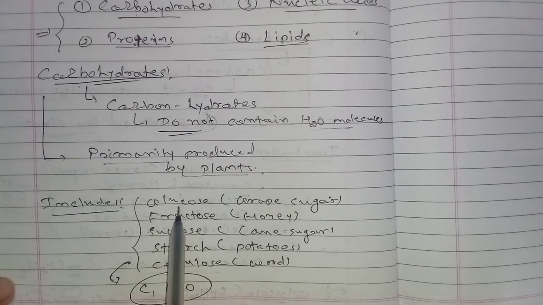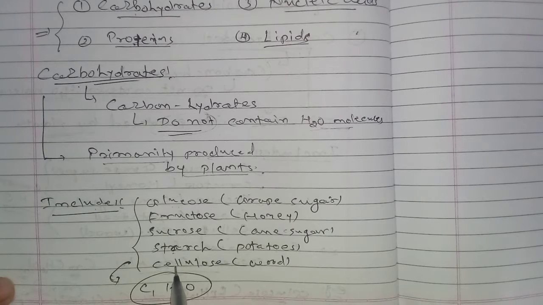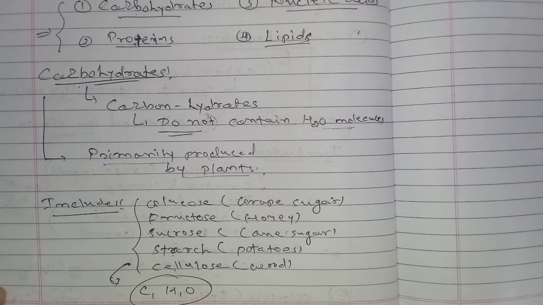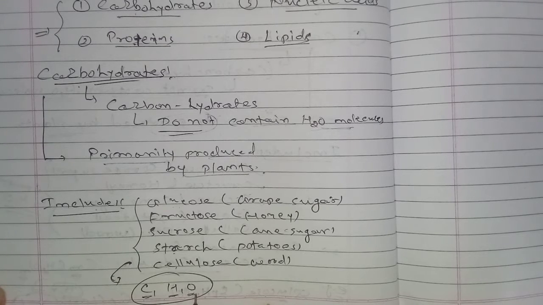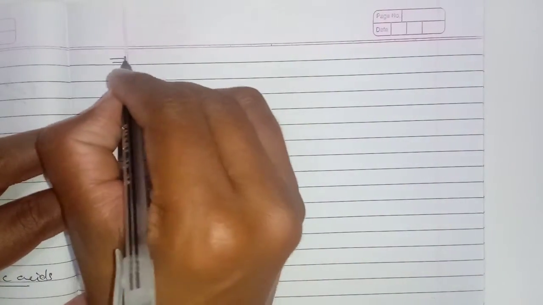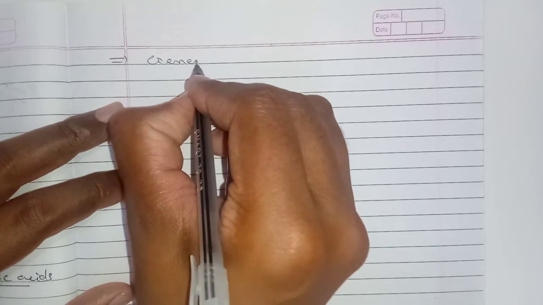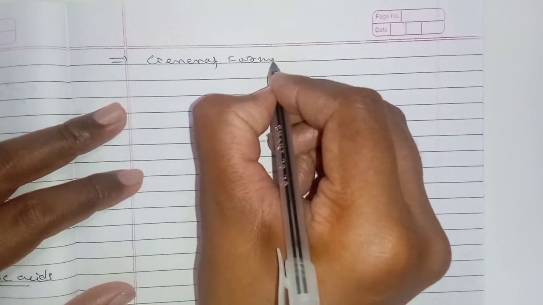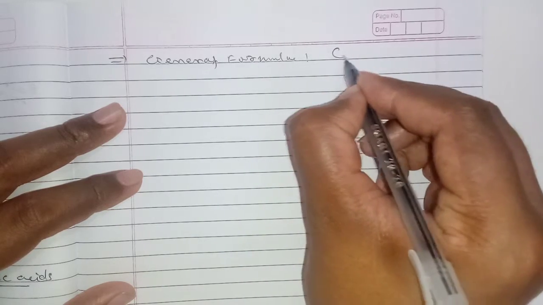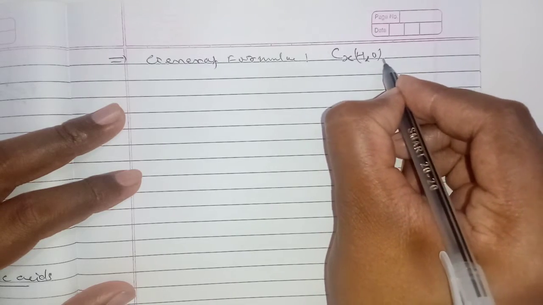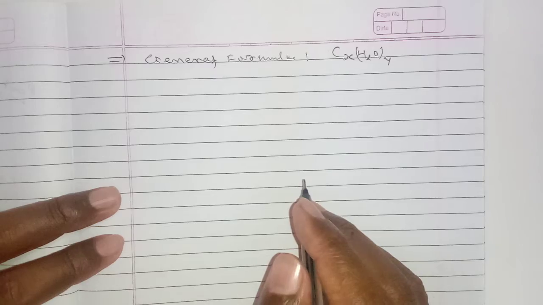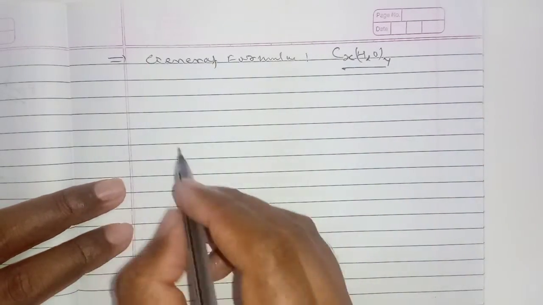They include glucose, fructose, sucrose, starch, cellulose, etc. And they all are composed of carbon, hydrogen, and oxygen. Its general formula is Cx(H2O)y.